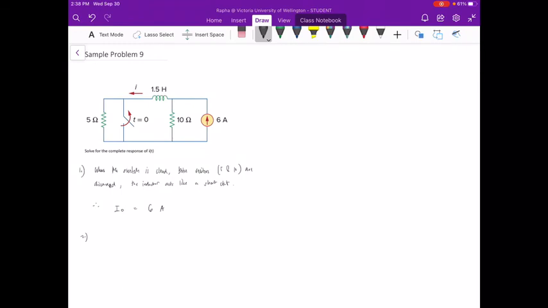Now for our second moment, when the switch is opened, both resistors, the 5 and 10 ohm resistors, are functional.